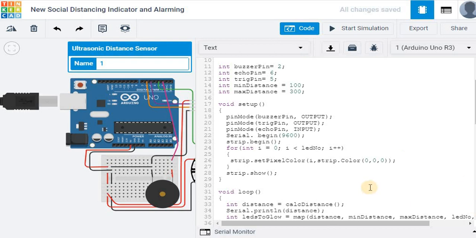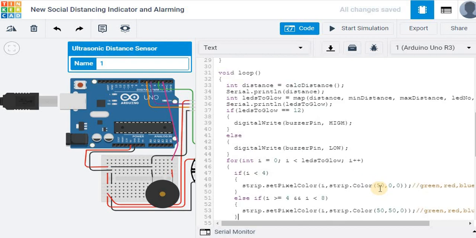How is it done? Let us see. The distance measured from the ultrasonic sensor is mapped to the number of LEDs glowing from the 0th to the 11th, which is actually counted with a set of 4 LEDs. The 4 LED colors are green, blue and red, which means that a set of 4 LEDs will be glowing, which are mapped according to the distance measured from the ultrasonic sensor and controlled by the Arduino Uno board.